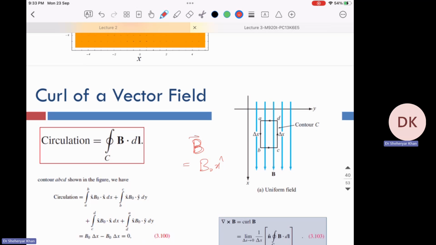Okay, C to D. Now D to A, again the same thing. So now you can add them all together, and you will see that the answer is 0, right? Keep this result in your mind.